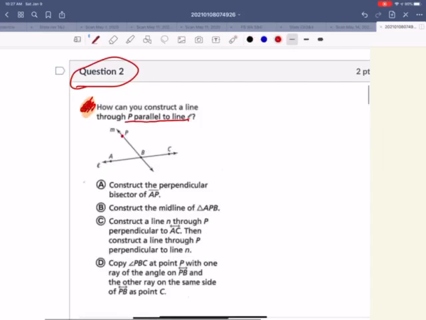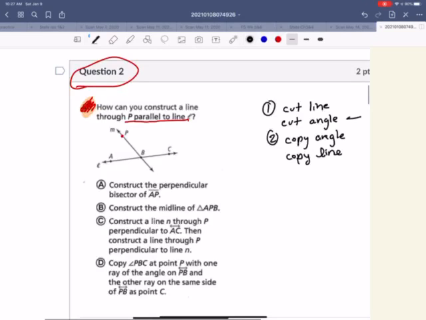So if we think about this, I've only taught you how to cut a line in half, how to cut an angle in half, how to copy an angle, and how to copy a line.